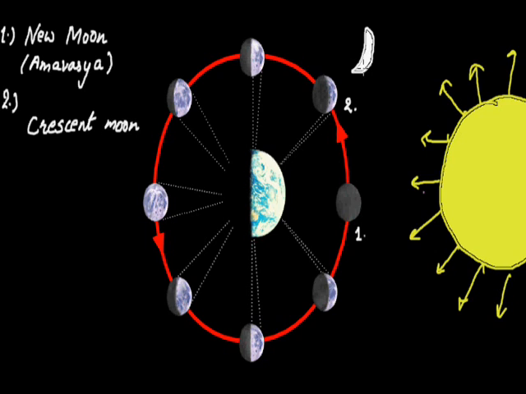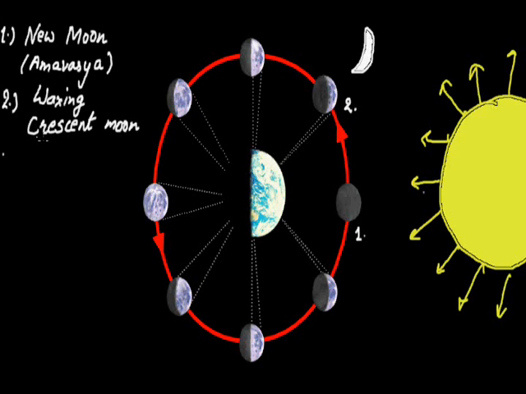When less than half of the area of the moon is visible to us or is shining in the sky, we call it the crescent. But as the shining surface is increasing every night, this period is known as waxing, and this crescent is also known as waxing crescent.